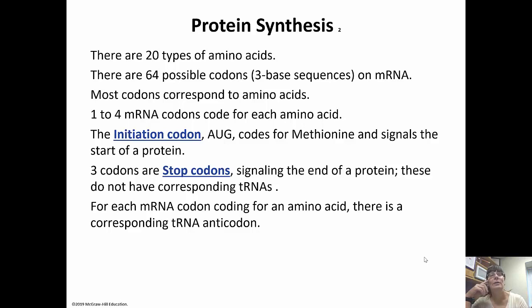AUG codes for methionine and also is the initiation codon, so it signals the start of the protein. We have 3 stop codons, which signal the end of the protein, and then each messenger RNA codon that codes for amino acids has a corresponding transfer RNA anticodon. So each codon has an anticodon.